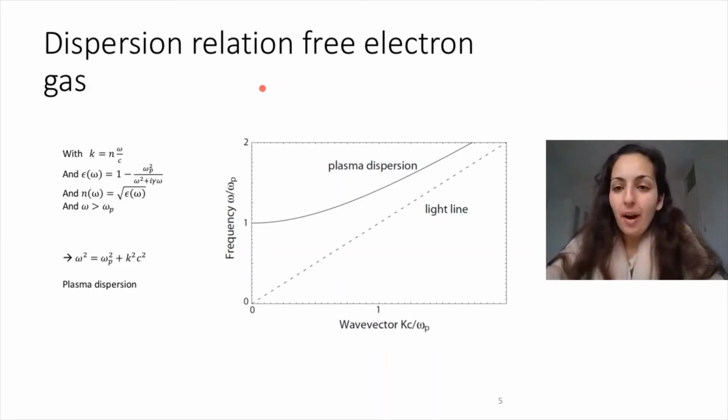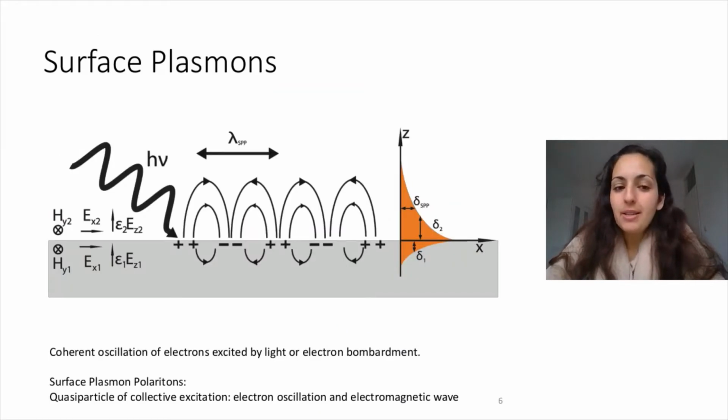However, there are also certain things that can happen at the surface of a metal, or to be more precise, at the interface of a metal and a dielectric, or to be even more precise, at the interface between a material with negative real epsilon and positive real epsilon.